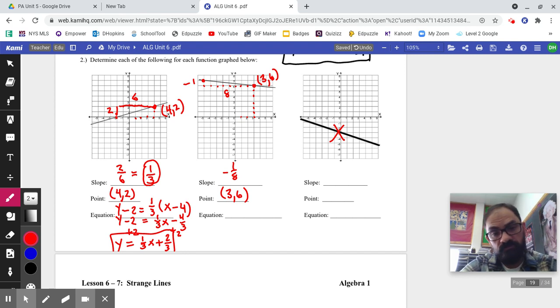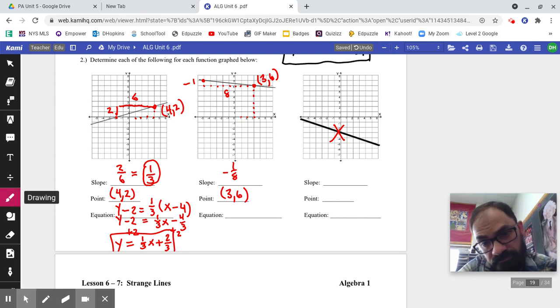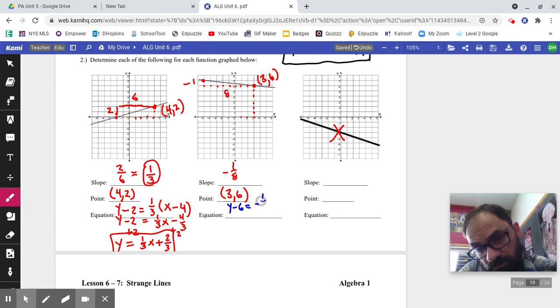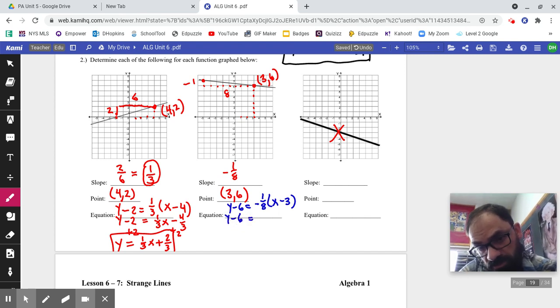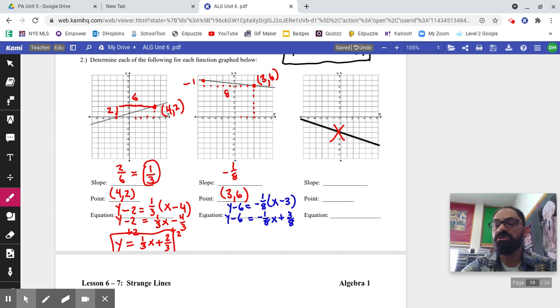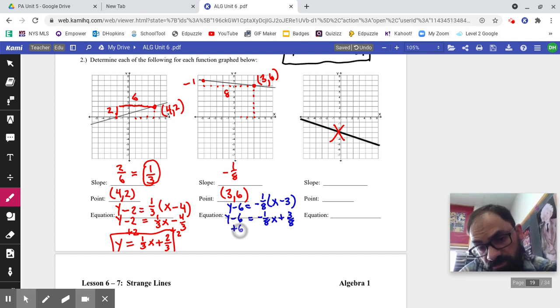And the equation then. Let me change my pen color. I get y minus 6 equals, again, always use a calculator if you're stuck, and you can ask me questions.